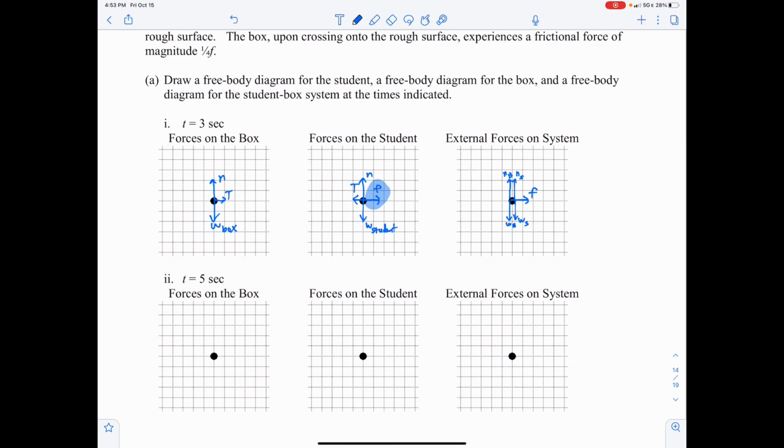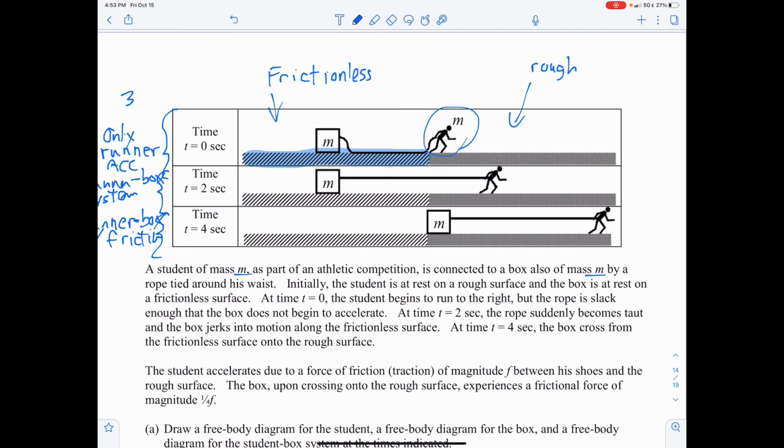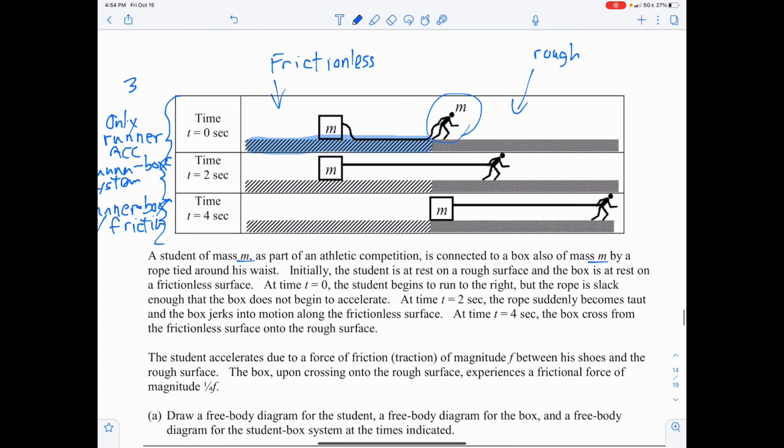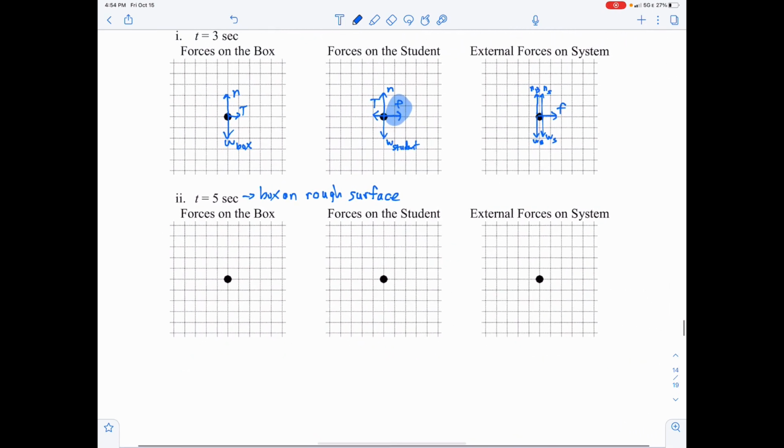Okay, now at 5 seconds, what's happening is the box is now on the rough surface. Okay, so all things being equal, the weights are exactly the same.